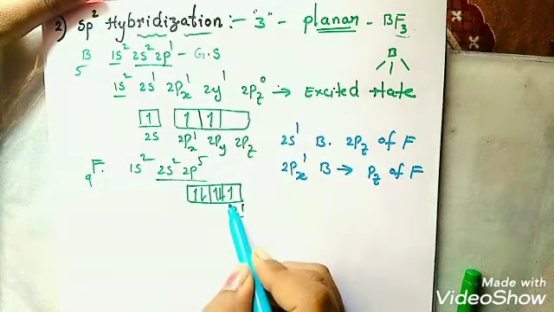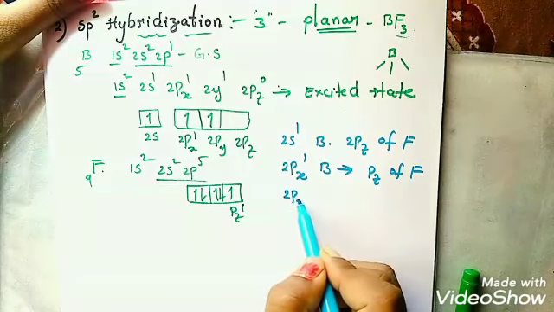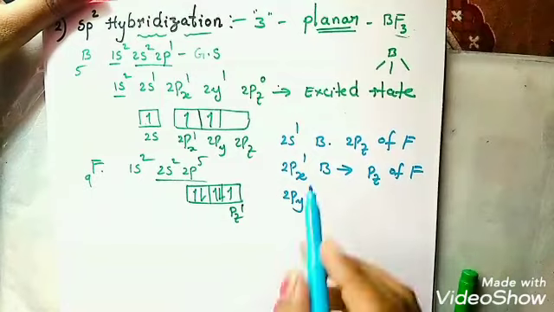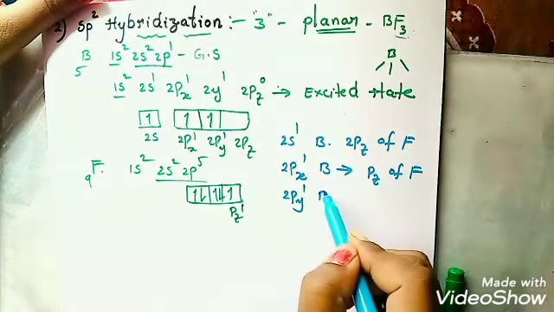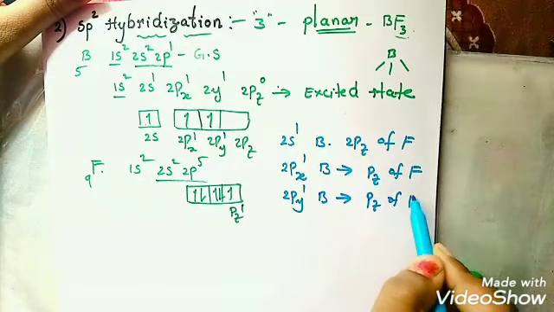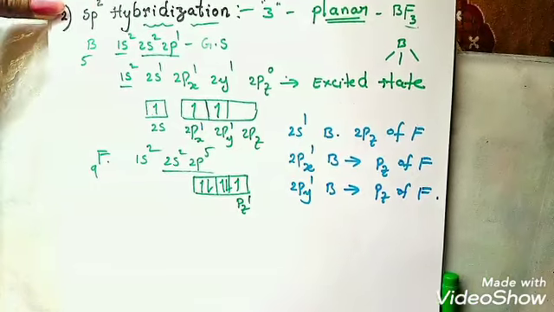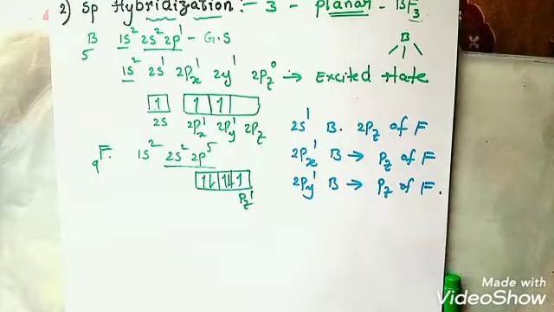Why? Because these fluorines must be 3 here. And next, students, 2py1 of boron is going to form a bond with again 2pz of fluorine. So this is about the bond formation of boron with fluorine.